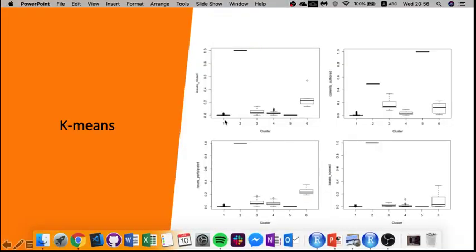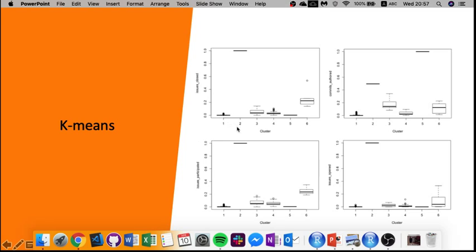So the first cluster has engineers who don't have a lot of commits authored, they don't have a lot of issues participated, closed, or opened. And that got us thinking, what kind of engineer is this one?